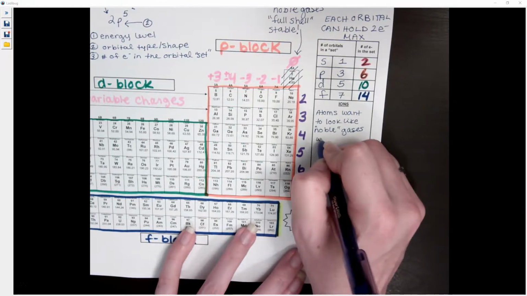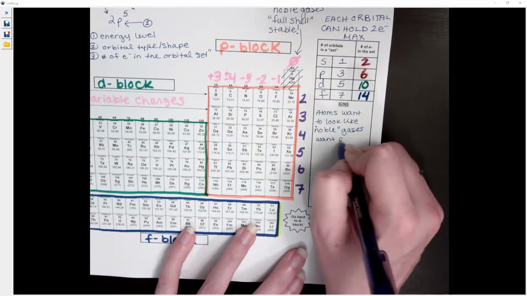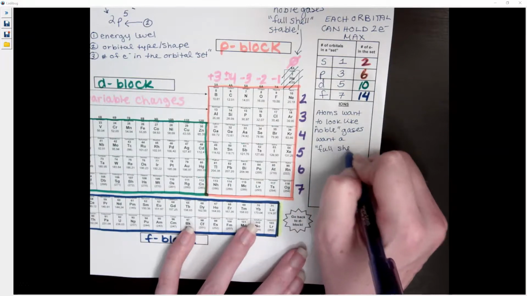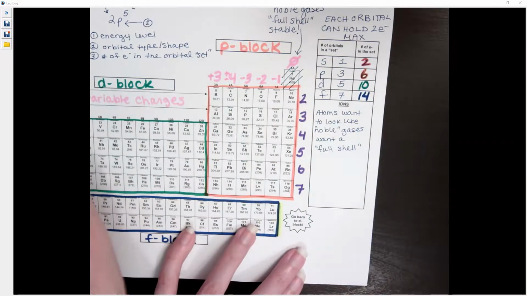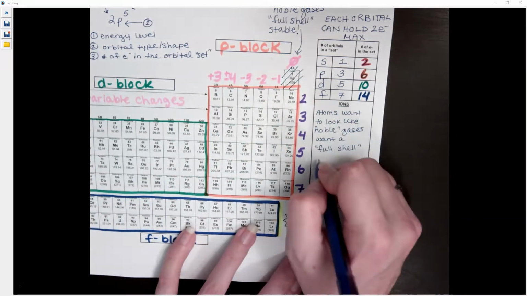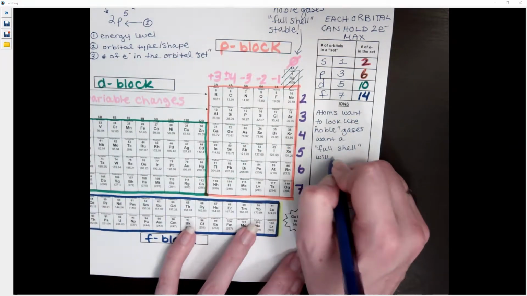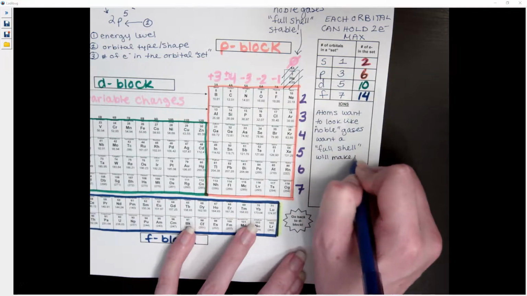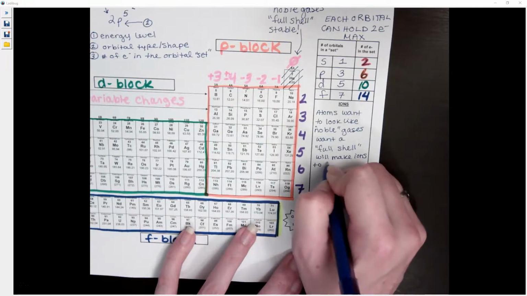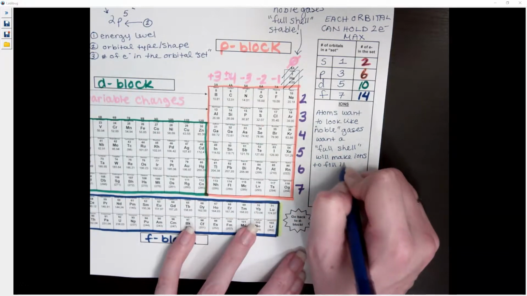They want a full shell, meaning they want those S and P orbitals nice and full. Okay? We'll make ions to fill its shell.